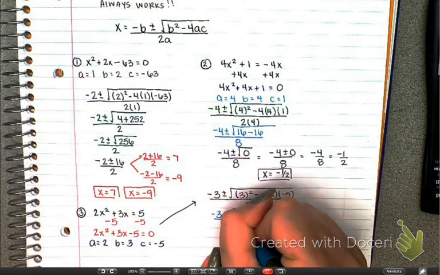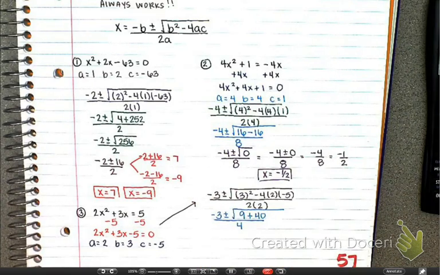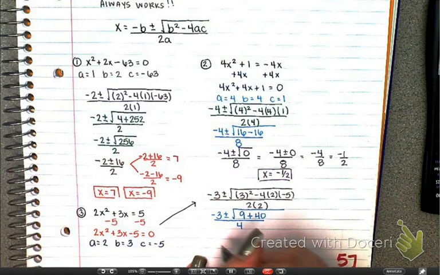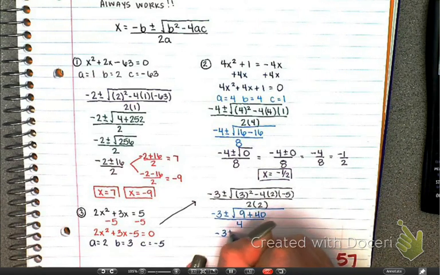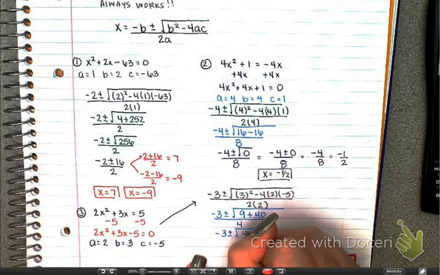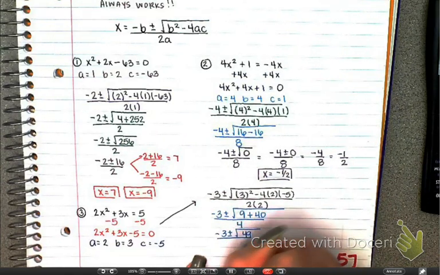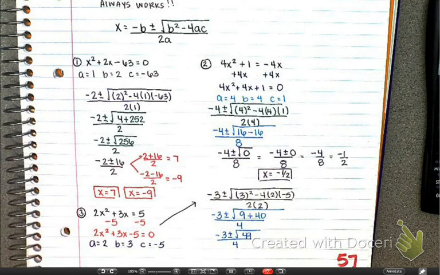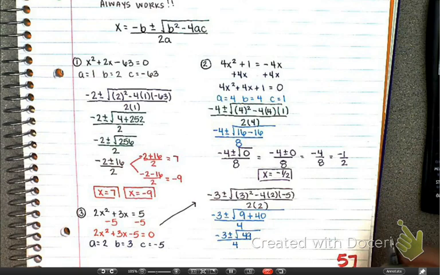All over 4. So negative 3 plus or minus the square root of 9 and 40 is 49 all over 4. Okay, I have a 49 underneath my radical. It's a positive number. So my discriminant tells me that I will have 2 real solutions.